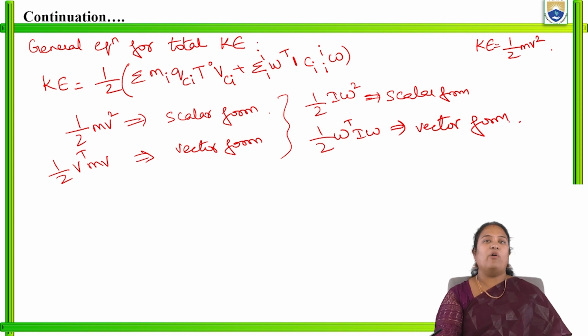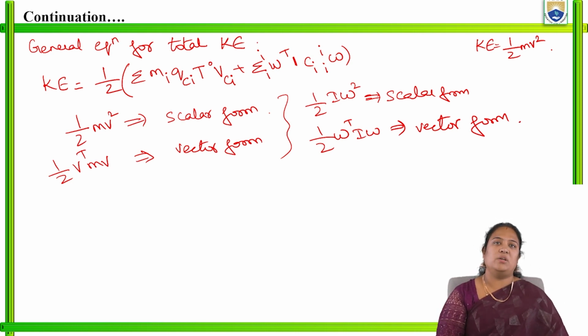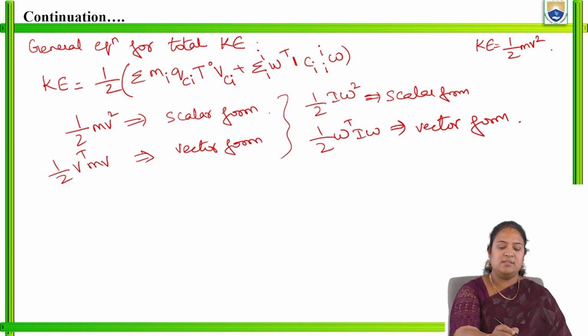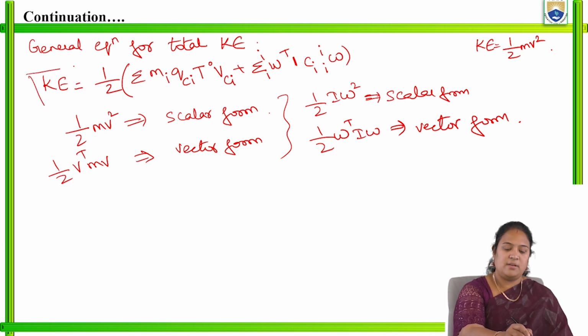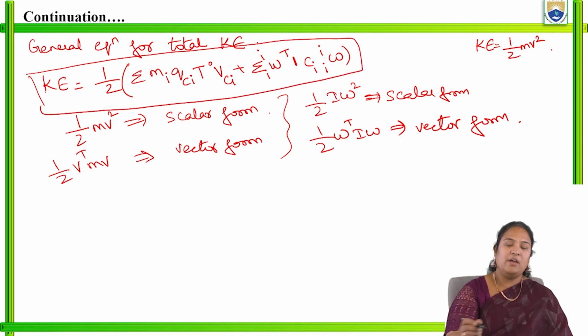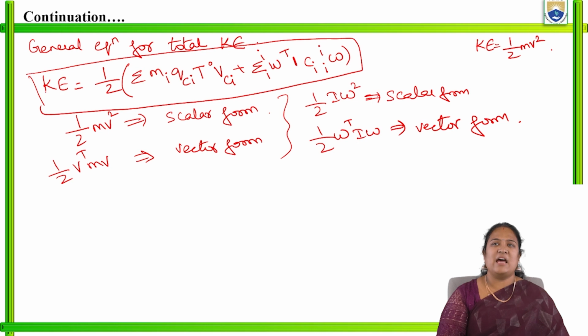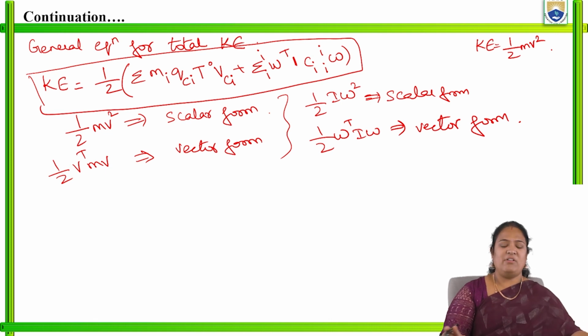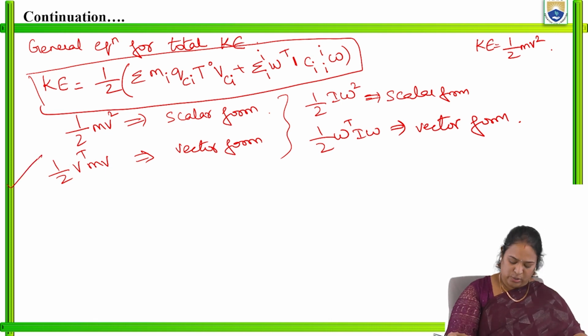So generally for the Euler-Lagrange equation, the kinetic energy will be written as this particular term. Considering the scalar form and the vector form for both kinetic energy with respect to the angular velocity, we will be getting these particular equations.